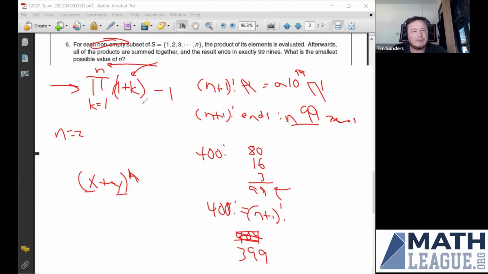If I have x plus y to the n, I'm basically multiplying x plus y n times, and in each one I'm picking an x or a y. And so what you're saying is picking the y is effectively like taking that particular number into my product, and picking the x is like not taking it, which is a 1.